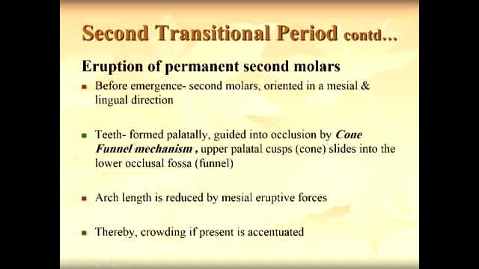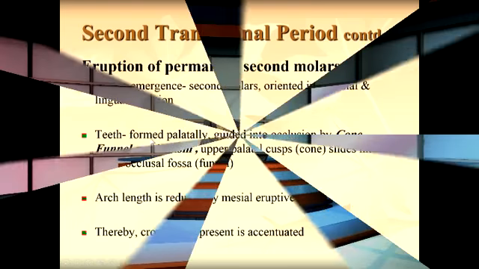Number 2, teeth formed palatally are guided into occlusion by the cuspal mechanism. This mechanism is very important in order to give the Class I molar relationship, when the palatal cusp of the upper molar is directed downward toward the central fossa of the lower molar.